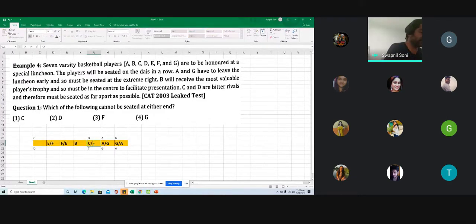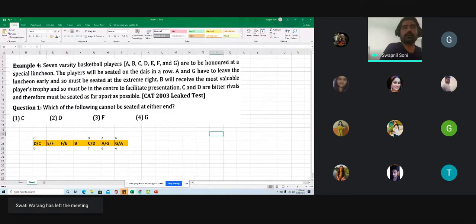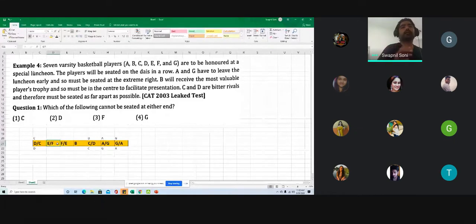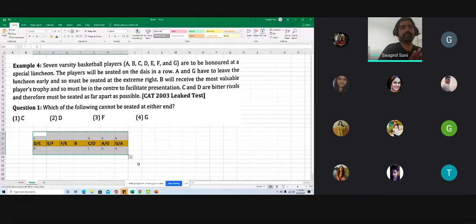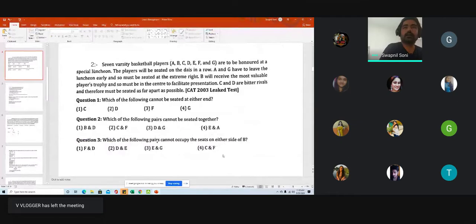I can pick C or D over here, or D or C over here. We have 2 remaining now, F and E, so they can take either of these positions. So we don't have the exact position of anybody except B, right? So with that in mind, let's try to answer these questions.